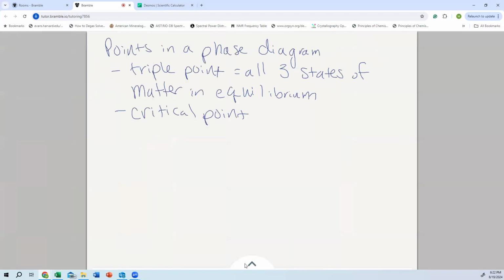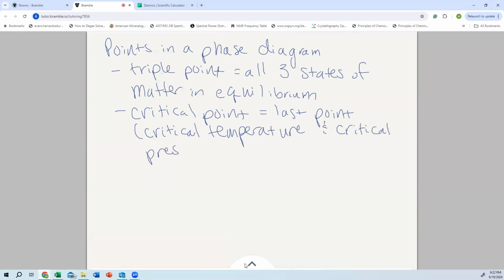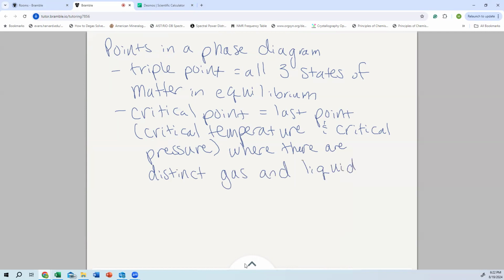Our critical point is the last point where we have distinct liquid and gas phases, and it's associated with a critical temperature and critical pressure.